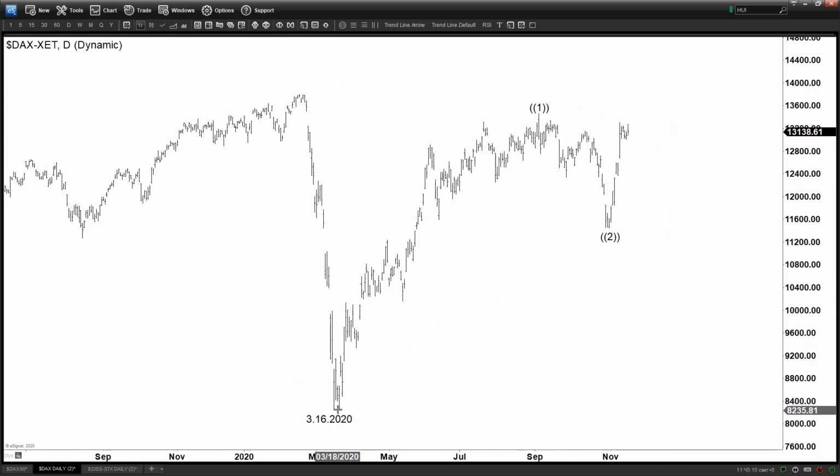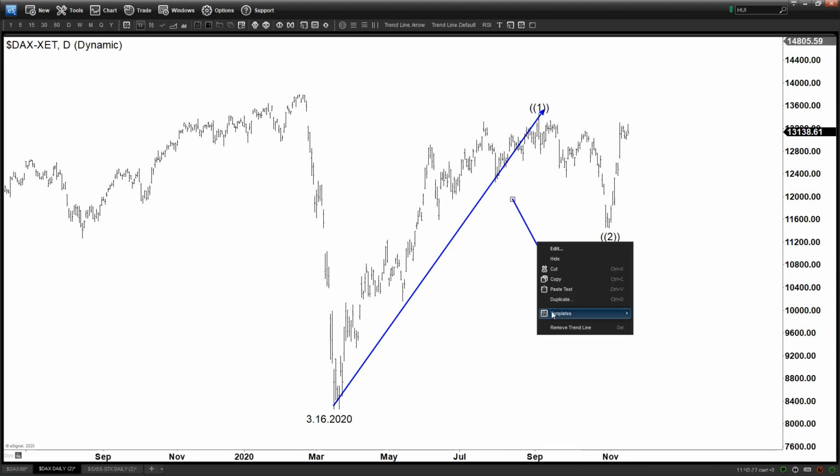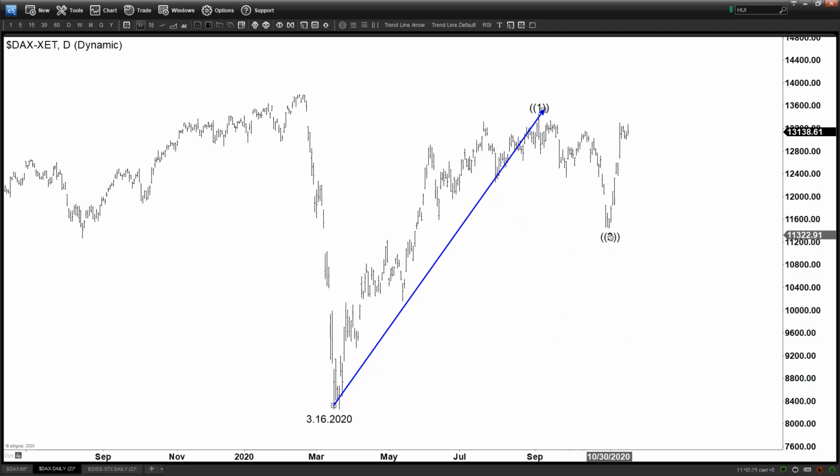Since then DAX has rallied over here, and then this pullback ended here. It's a pretty shallow pullback, but it is 3 waves, 1 2 3, telling us this is a correction, not an impulse, right? And since then we have started to rally again.